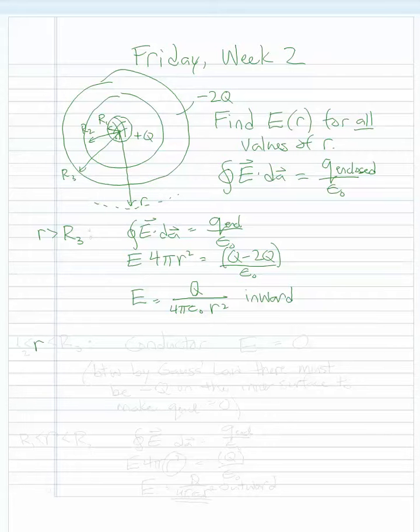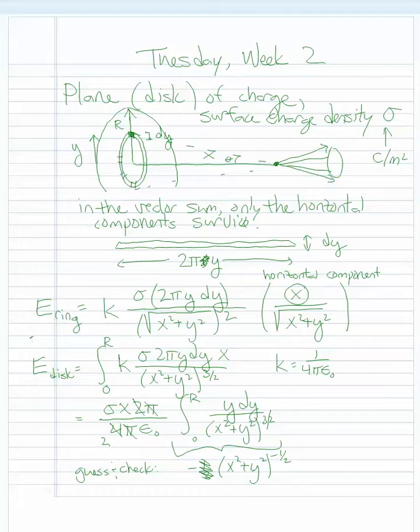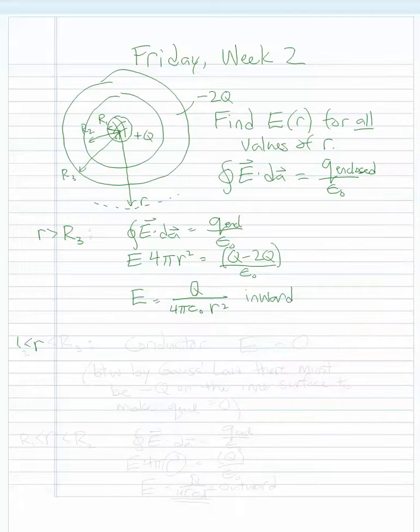Okay, for R greater than R2 but less than R3, that was in a conductor. And we said that the electric field inside a conductor has to be 0.